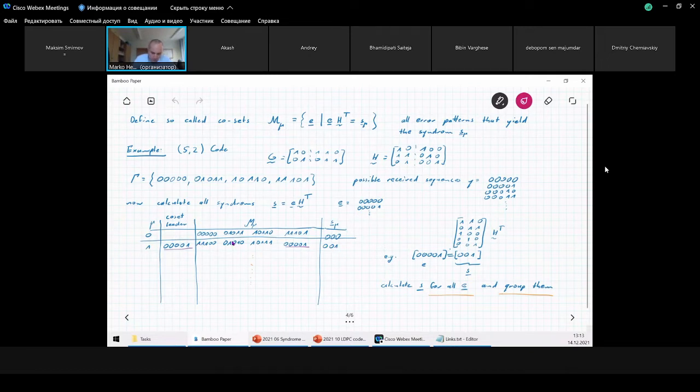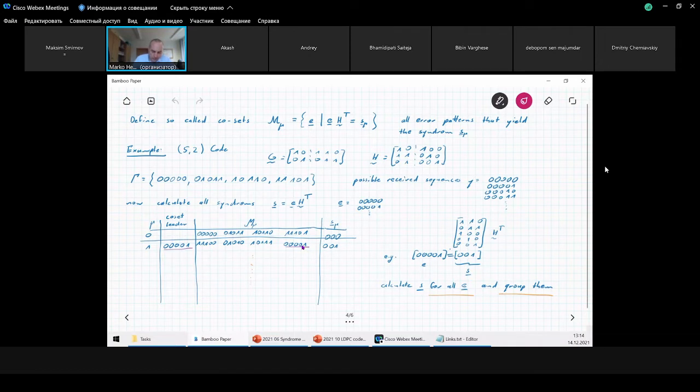I just wrote down the other ones which end up in this coset. You could also verify this by multiplying any of these error patterns with H transpose. The result will always be 001. So those 4 are the error patterns with the syndrome 001. And then we just had to think about, if we now observe a syndrome 001, which error pattern most likely occurred.